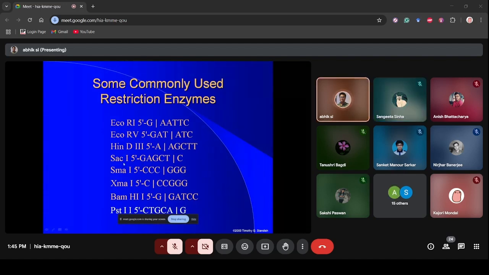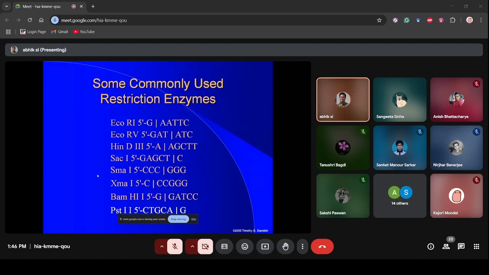Very good. SacI will? Quick. Yes sir. Okay, let me know which one will not create sticky end, which one will make blunt end. Anybody please? Blunt end. EcoRV will make blunt end, very good.